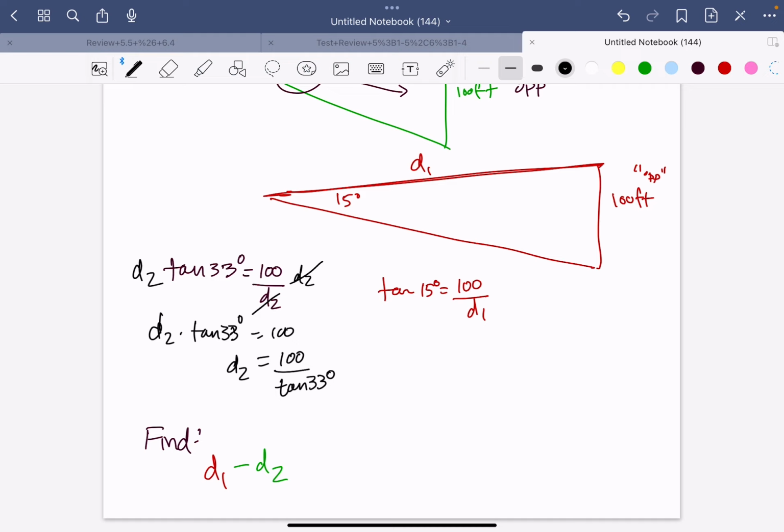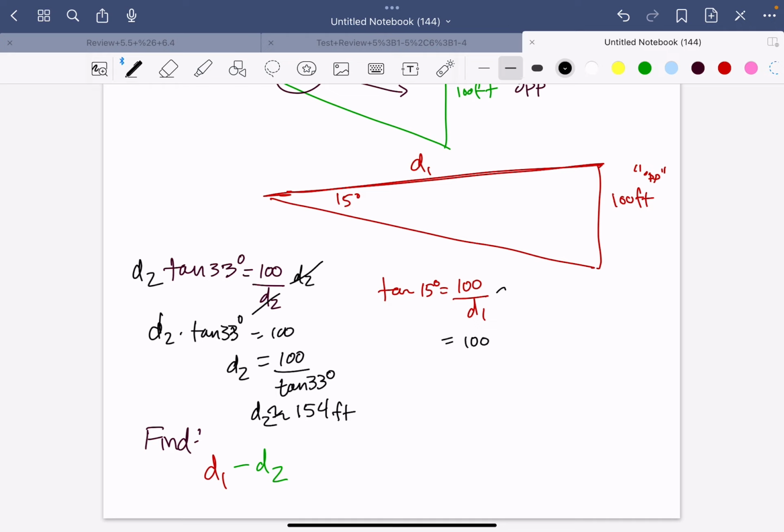So in my trusty Wolfram Alpha calculator, I do 100 divided by the tangent of 33 degrees. I forgot to hit the 1, so it should be 100 divided by the tangent of 33 degrees. That gives me that D2 is approximately 154 feet.